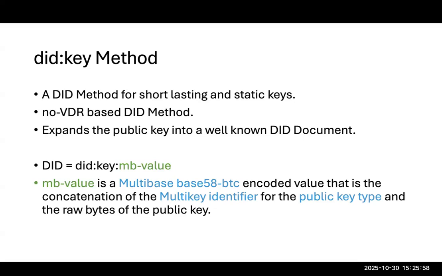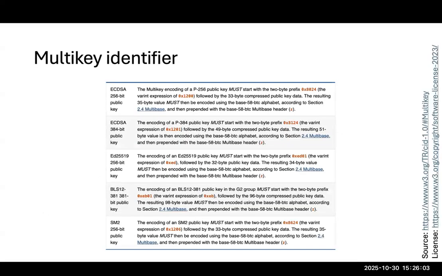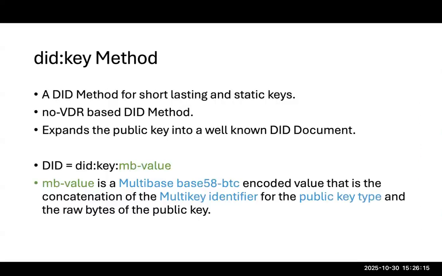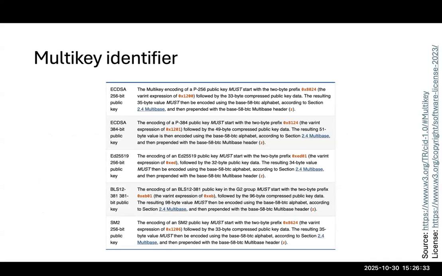It's not super easy to understand the first time, but let's go through it and specify what it means. For example, this is the table that provides us the multikey identifier. So the MB value is a multibase base58-btc encoded value, the concatenation of the multikey identifier.